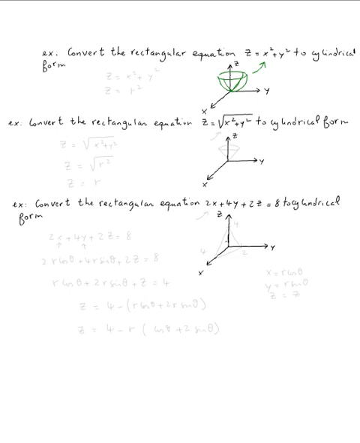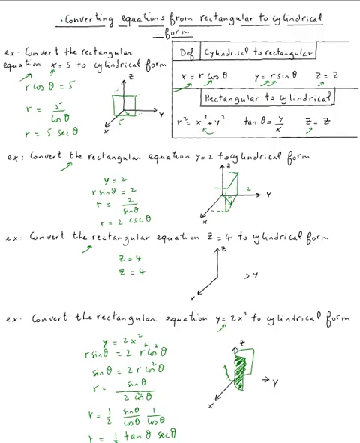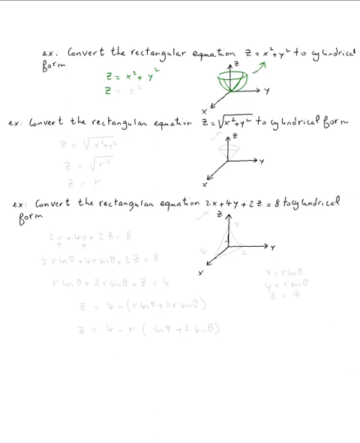We could plug in r cosine theta and r sine theta, but it's quicker to use the fact that r squared is equal to x squared plus y squared. So z is equal to r squared.